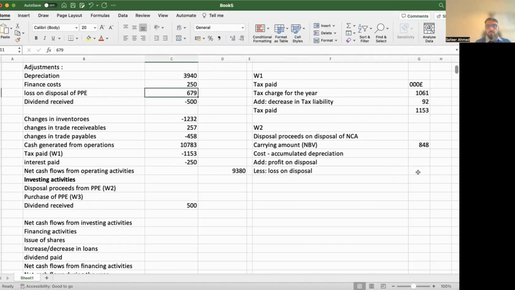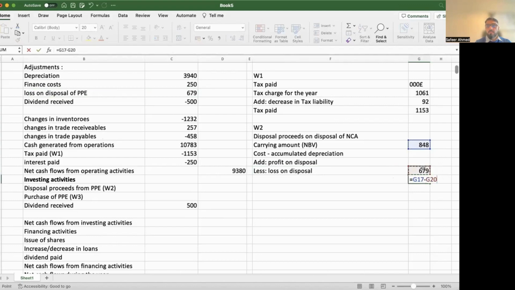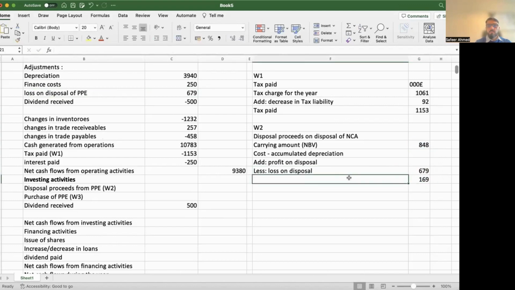So this is the loss that we will be deducting from there. 679. So the difference will give you the disposal proceeds received by the company. From the company's perspective, this is cash inflow, so therefore it's a positive figure. So it will be here.